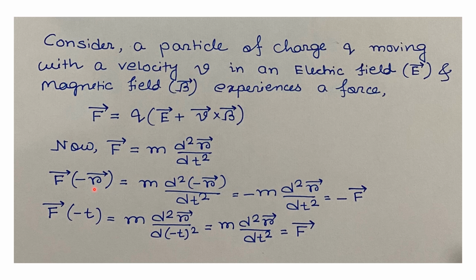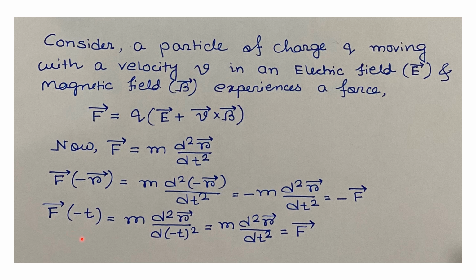Now if we replace the r vector, that is the position vector, by minus r vector, then the force will be m times d2 of minus r/dt2, and that will give minus of m d2r/dt2. So this will basically be minus of the force vector.